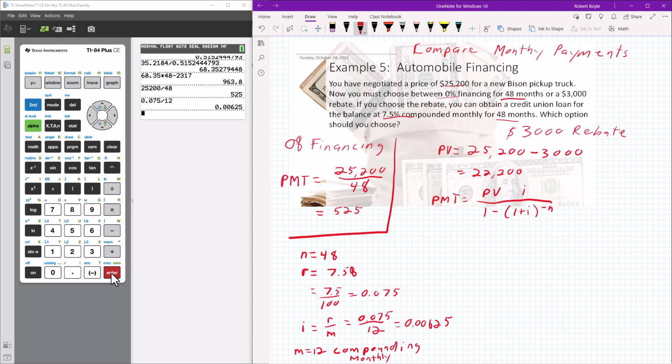So you know what n is, it's actually given to us, it's 48 months. We know what I is, 0.00625. We can come on in and figure out what our payment is.